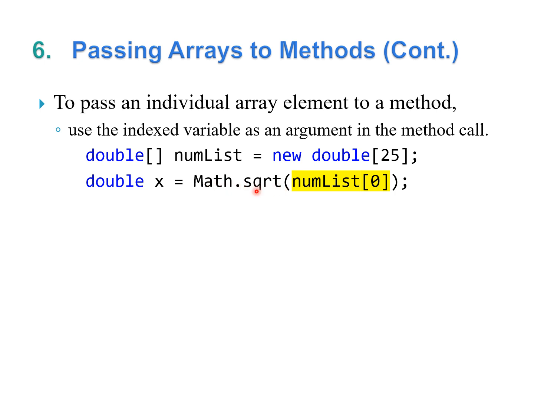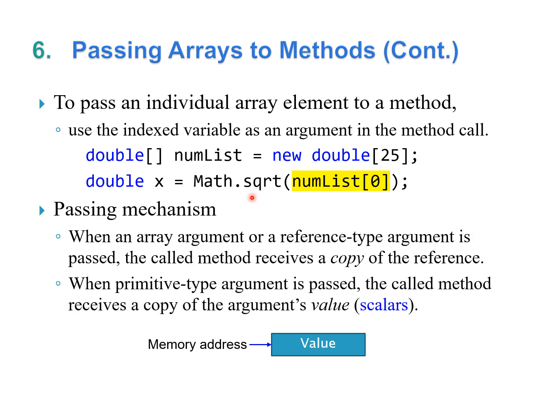There's a little difference in the passing mechanism between array arguments and primitive type arguments. When an argument to a method is an entire array or any reference type argument, the called method receives a copy of the reference, that is, a copy of the memory address stored in that reference.